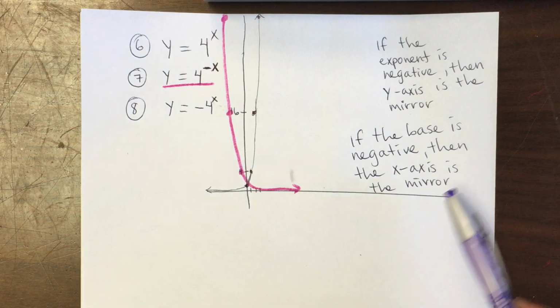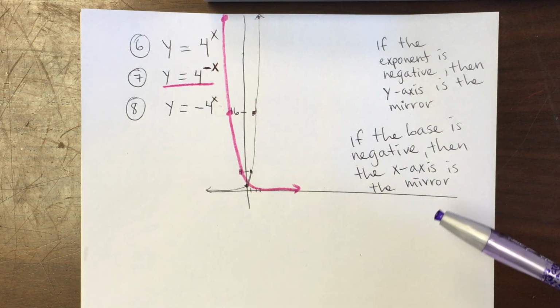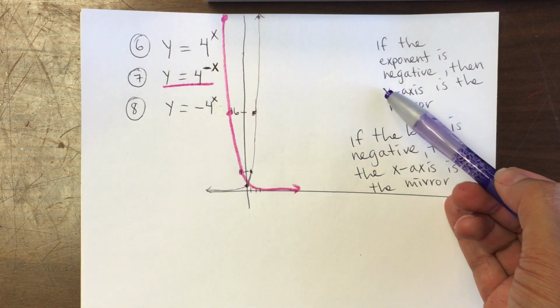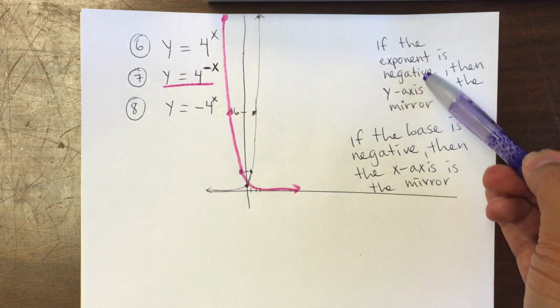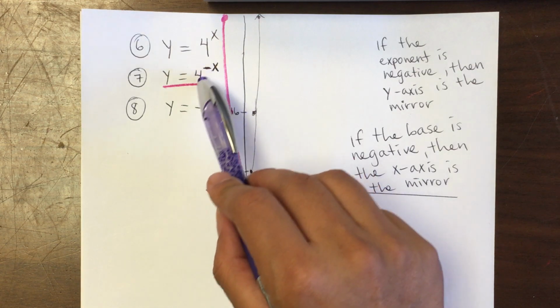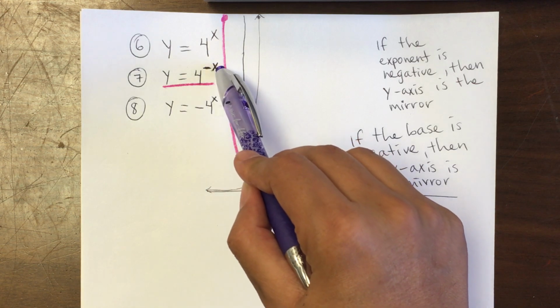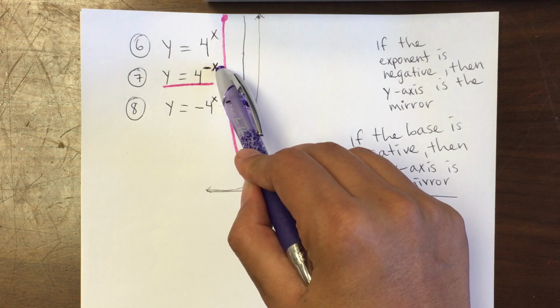Okay, what's a trick that I usually like to use, tricks to remember, kind of like hints. The base is below, the exponent is up above.